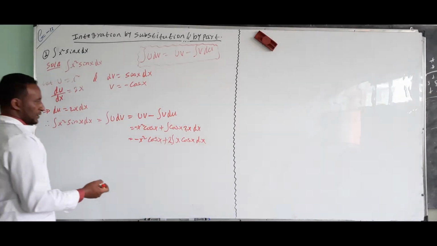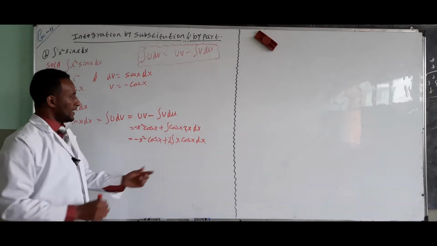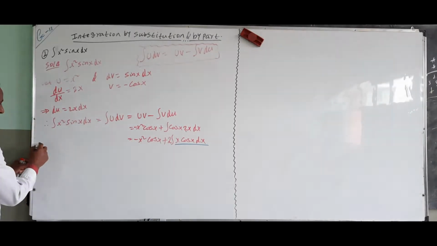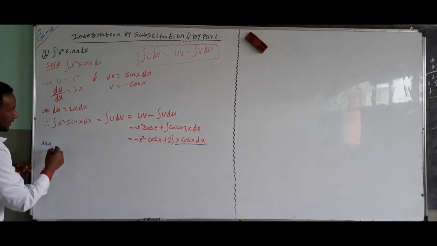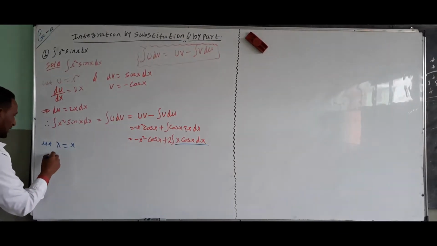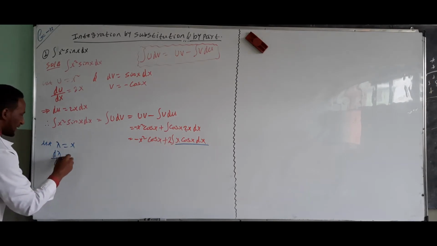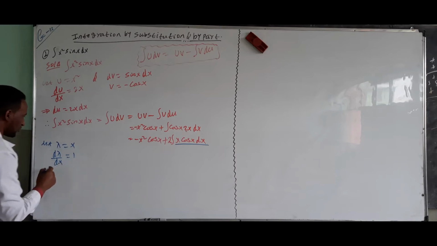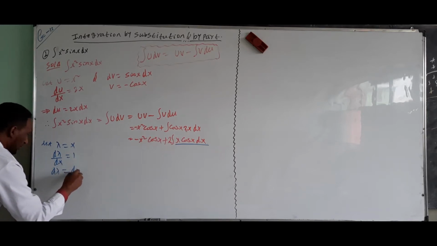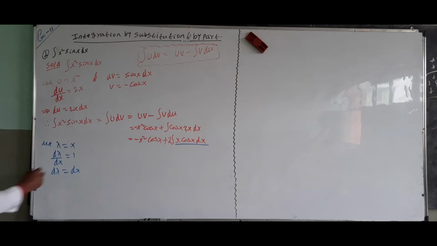Now we can use integration by parts one more time. Let lambda be equal to x, d lambda with respect to x is equal to 1, then d lambda is equal to dx.